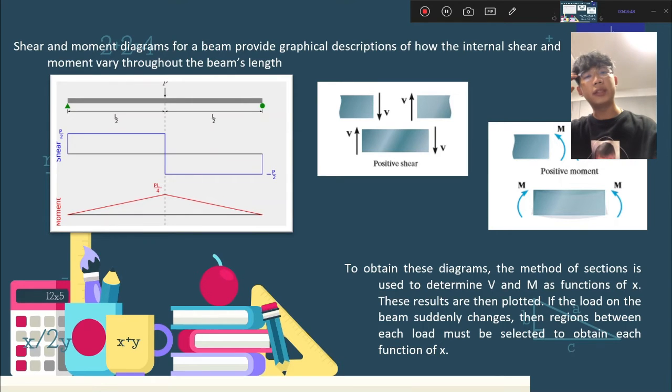To obtain these diagrams, the method of sections is used to determine V and M as functions of x. These results are then plotted. If the load on the beam suddenly changes, the regions between each load must be selected to obtain each function of x.